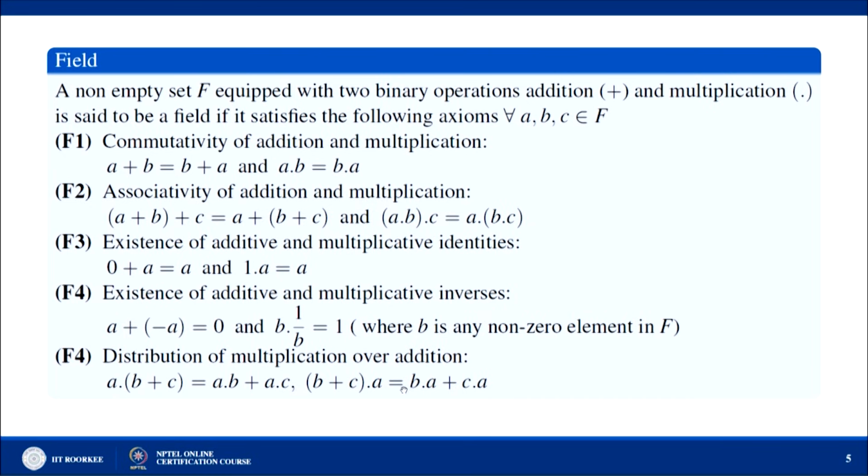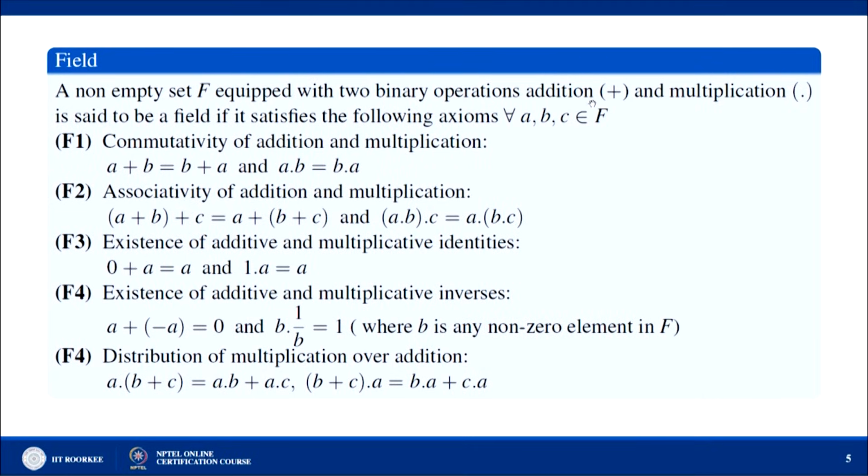So, what I want to say basically is that in case of field, we are having two binary operations, one we are calling addition, the other we are calling multiplication. So, F with respect to addition must be an abelian group, and all non-zero elements in F over multiplication must constitute an abelian group, and the next property is distribution of multiplication over addition.